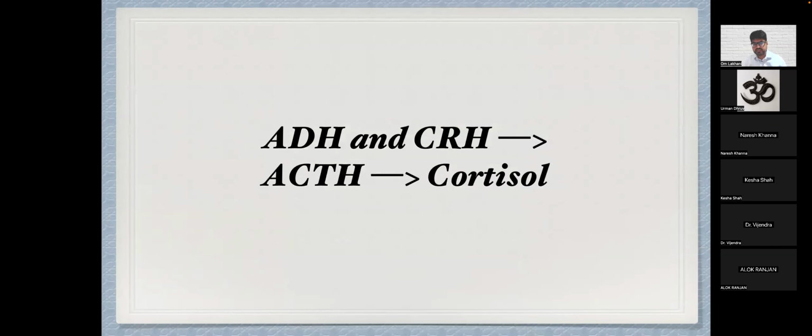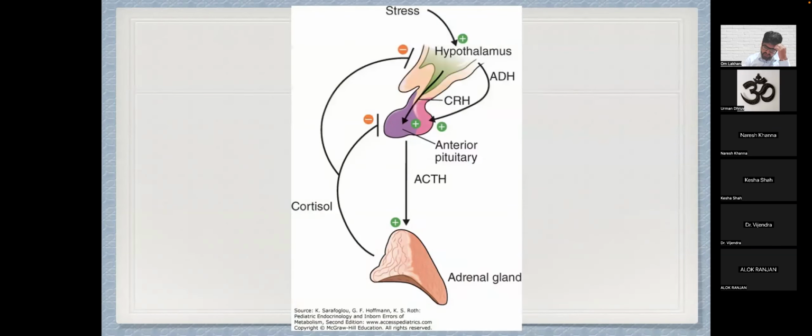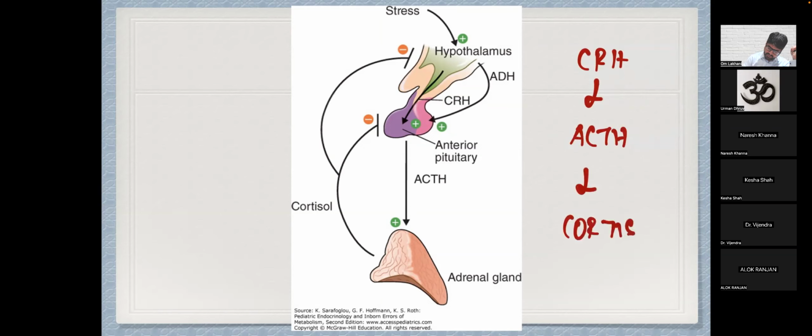Now we know this from the pituitary. We already discussed that CRH from the hypothalamus acts on the anterior pituitary to produce ACTH. So CRH produces ACTH, which produces cortisol. And then there is negative feedback, here and over here.